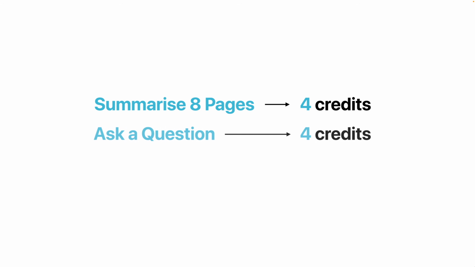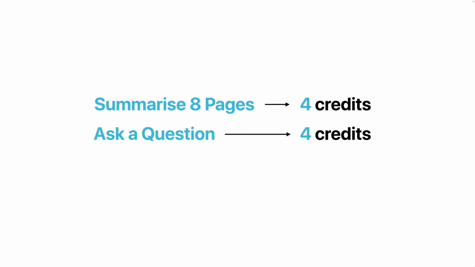Now, I haven't gone through and investigated this extensively, but just from my brief, quick investigation. To make a summary of the 8 pages of handwritten notes on the muscular system that you saw earlier, that costs 4 credits. To ask GoodNotes a question about that note and get it to synthesize an answer, that costs 4 credits.